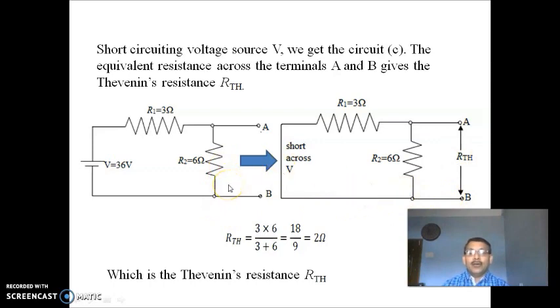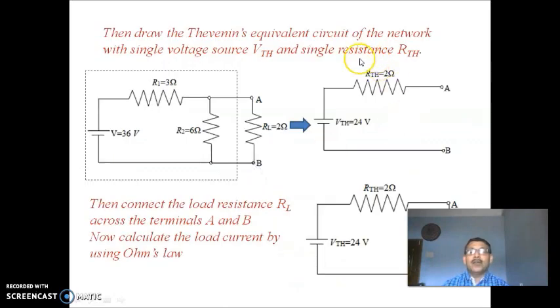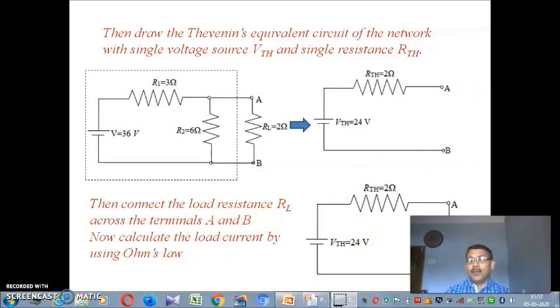Therefore, we have got the Thevenin's voltage and the Thevenin's resistance. Therefore, we can draw the Thevenin's equivalent circuit using this Thevenin's voltage and Thevenin's resistance. That means this circuit is equivalent to Thevenin's voltage with a series Thevenin's resistance, 2 ohm resistance. Then we connect the load resistance across A and B. Then the circuit becomes like this.